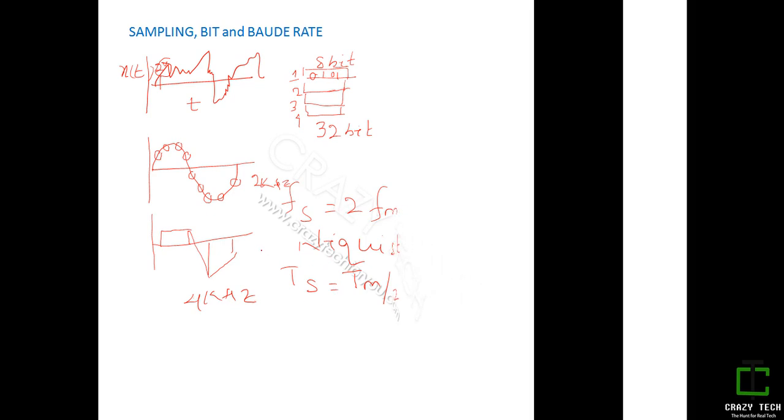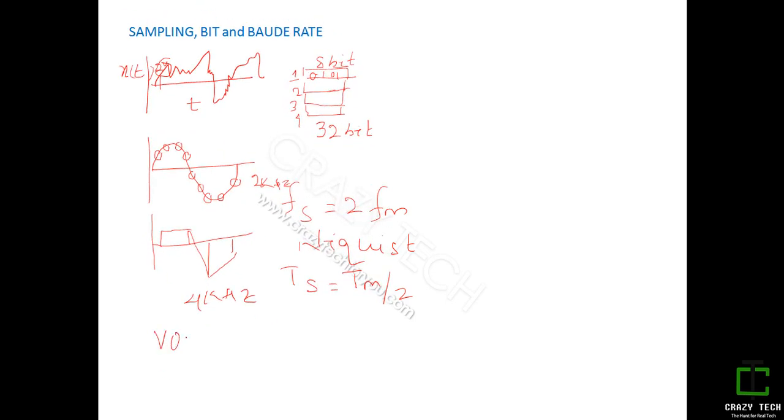Our voice signal has a range of 300 to 3.4, or nearly 4 kilohertz. So we need a sampling frequency of nearly 2 into 4, 8 kilohertz.